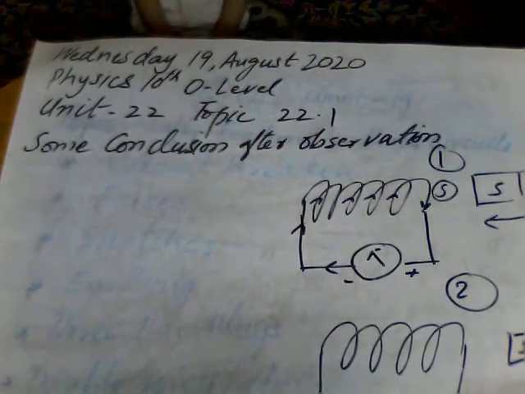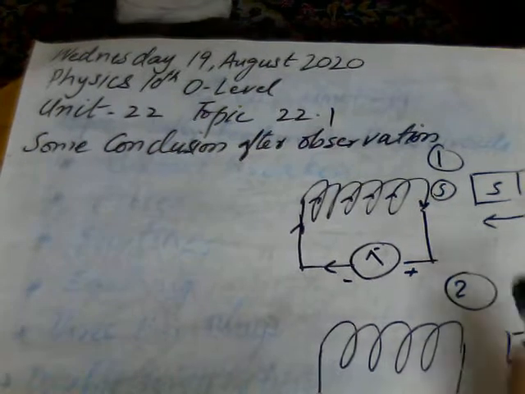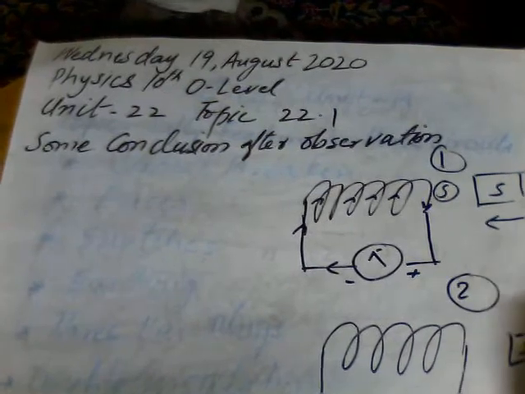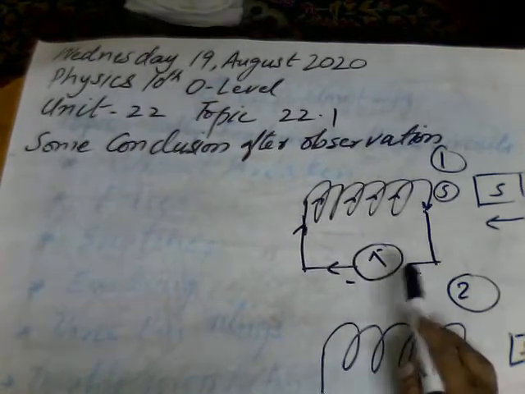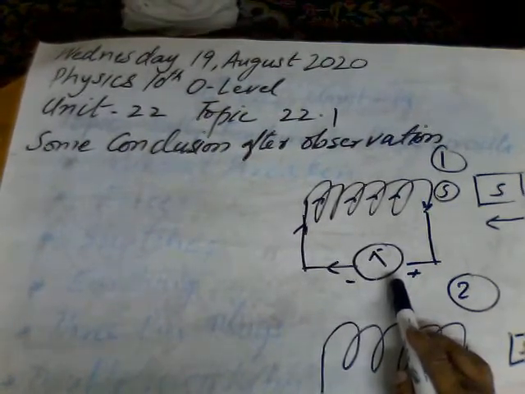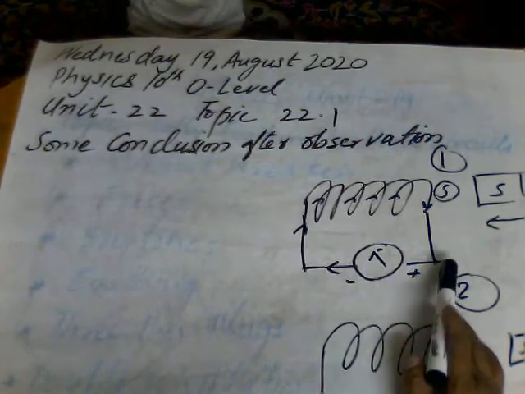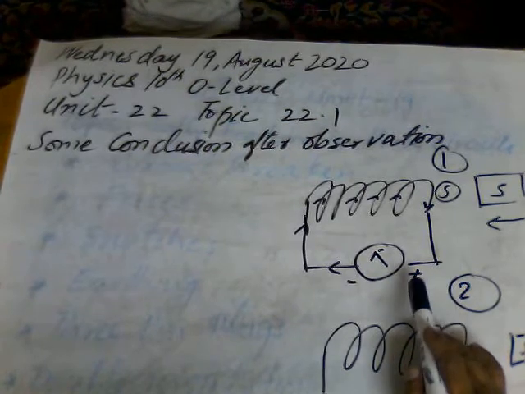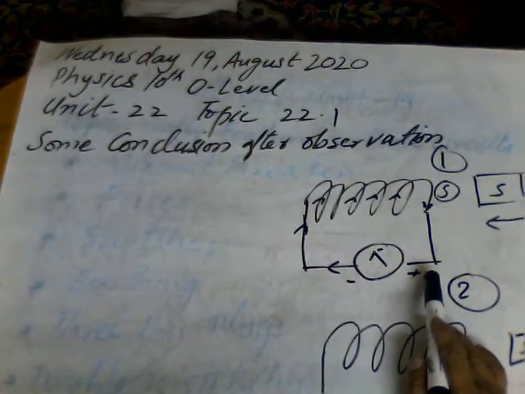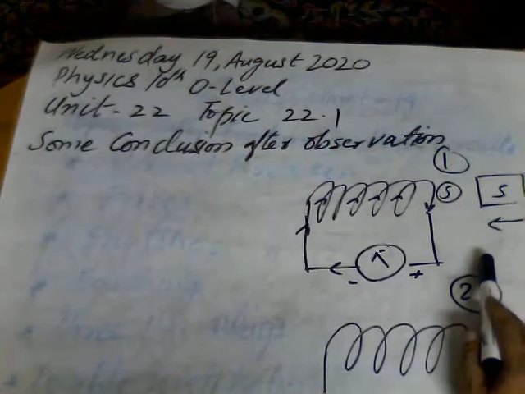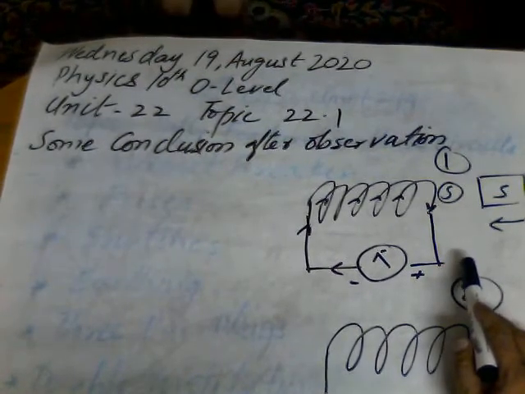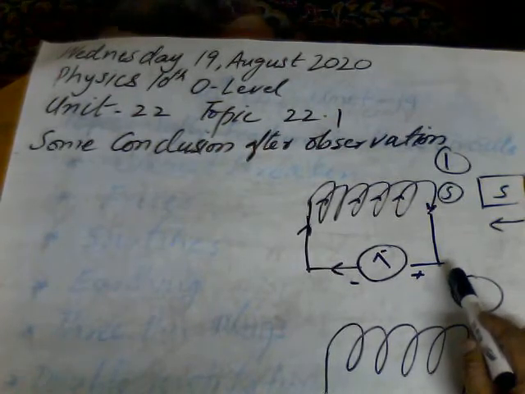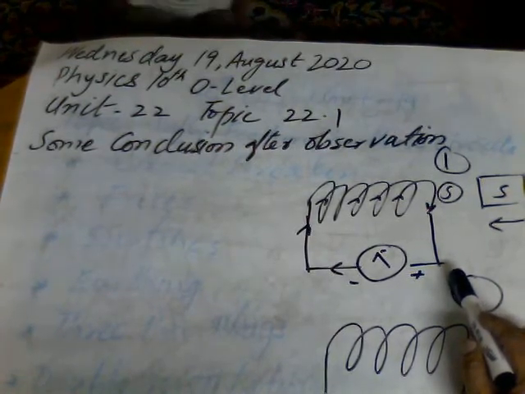In the case of the south pole, when we move the magnet toward the solenoid, the current direction is against the movement of the magnet. But in the case of the north pole, while the north pole is toward the solenoid and we move the magnet toward the solenoid, the current has the same direction.